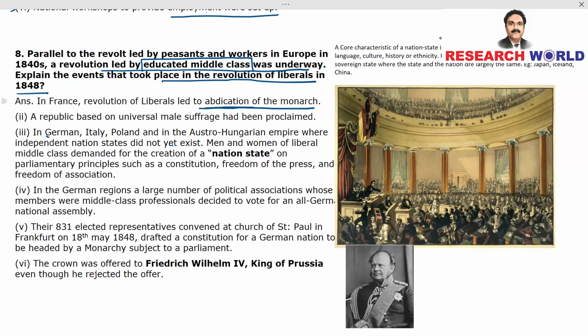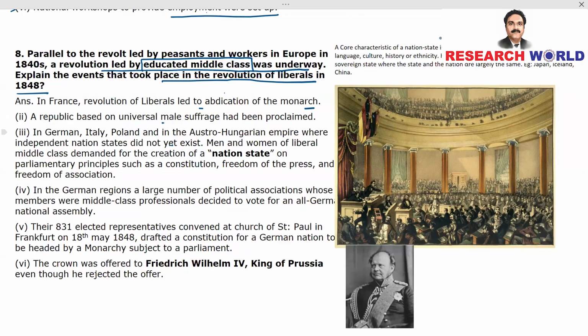Abdication means renunciation or giving up, vacating the position. A republic based on universal male suffrage had been proclaimed. Universal means all male suffrage, the right to vote. In the seventh question, we discussed that all males above the age of 21 get the right to vote, but not the females.